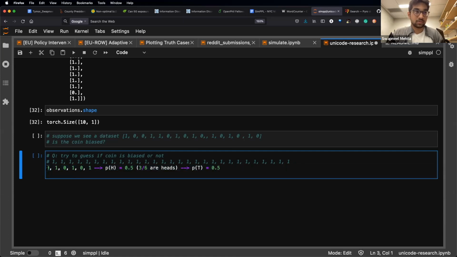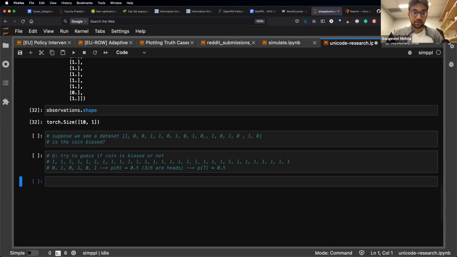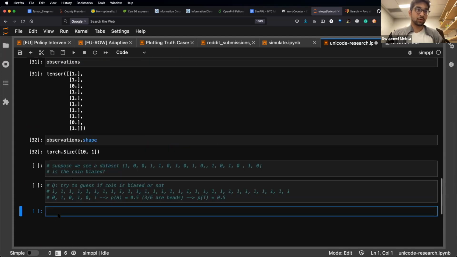Let's do this on a separate line. So what do I want to do now? Now I want to define some data, suppose I see some data.